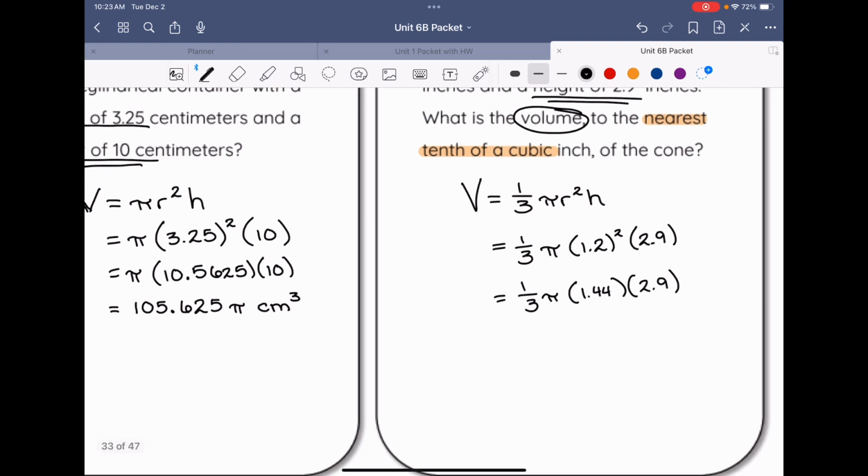And I'm just going to plug everything in very carefully. That's going to give me approximately 4.373096947. And we are rounding to the nearest tenth, so this will be approximately one space after the decimal, so 7 bumps that 3 up to a 4, 4.4 inches cubed.